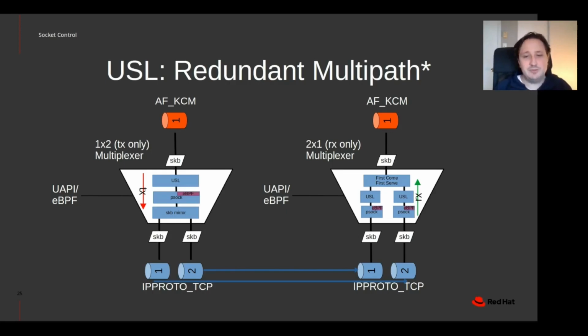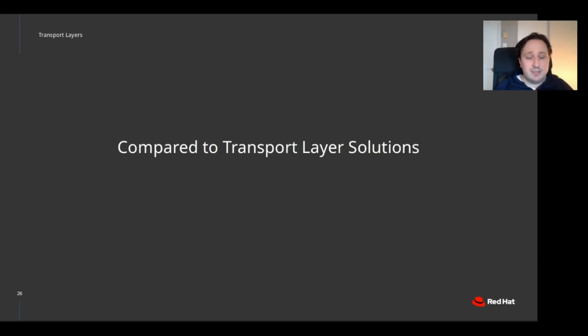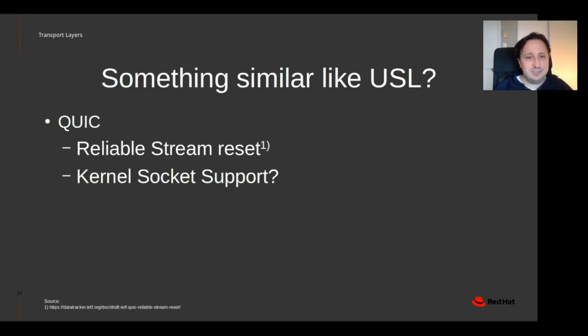This could be useful because if reconnect doesn't work anymore, then we still have another path which works. Compared to transport layer solutions, I was not looking much into it, but I know that something like USL exists for QUIC. They have a draft about reliable stream resets, which is something that USL could probably solve.